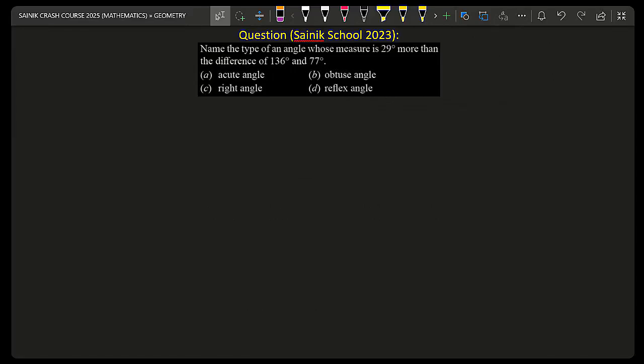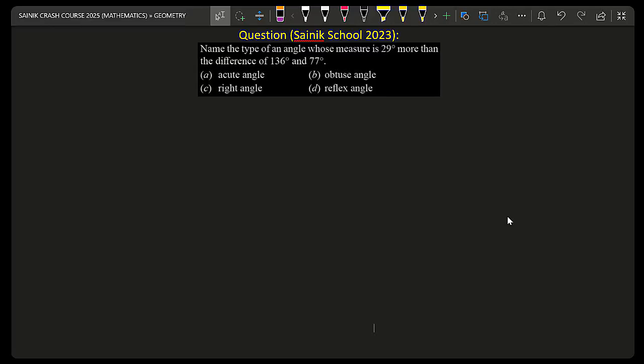Can you read the question? Name the type of angle whose measure is 29 degrees more than the difference of 136 and 77.